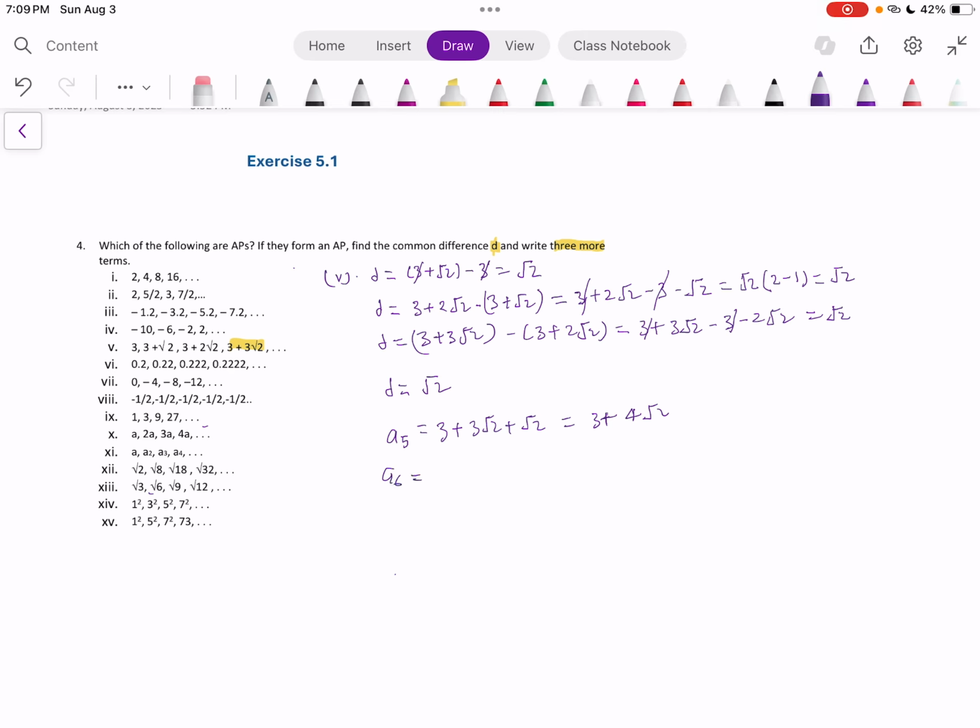A6 is going to be the previous term, which is A5, 3 plus 4 times square root of 2 plus square root of 2, 3 plus 5 times square root of 2. And A7, 3 plus 5 times square root of 2 plus square root of 2 is going to be 3 plus 6 times square root of 2.